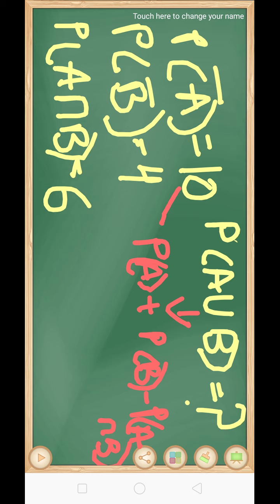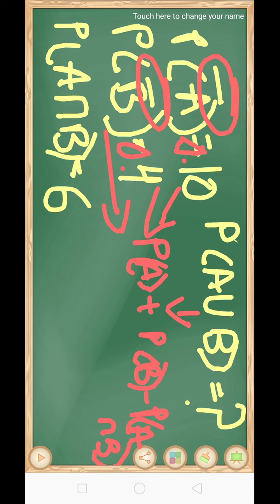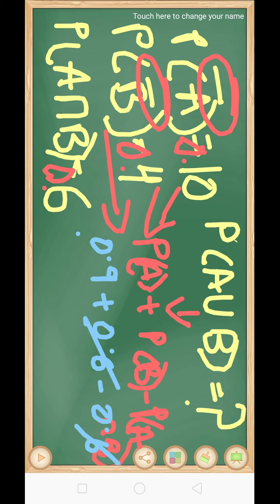We have to reverse the minus sign, so P(A) is 0.9, plus 0.6 minus 0.6, which cancels out, giving 0.9.